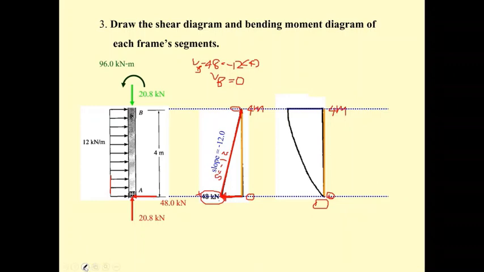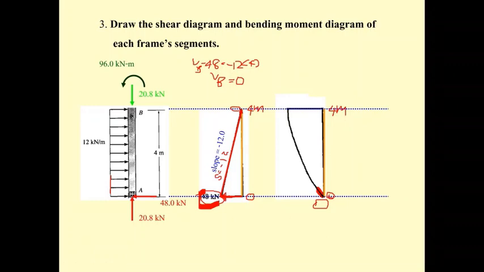The slope here must be equal to this 48, because dM by dx equals V.